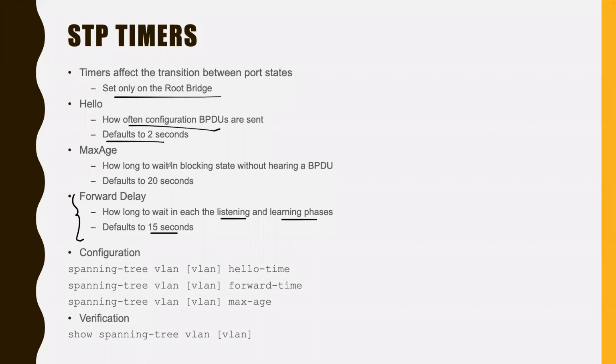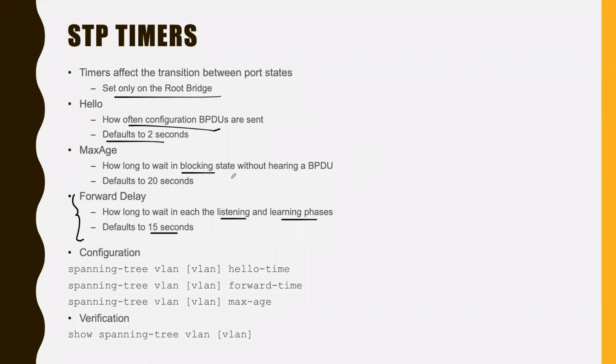For example, a port was in a blocking state, and if it learns of any topology change, it has to bring the port into the forwarding state.